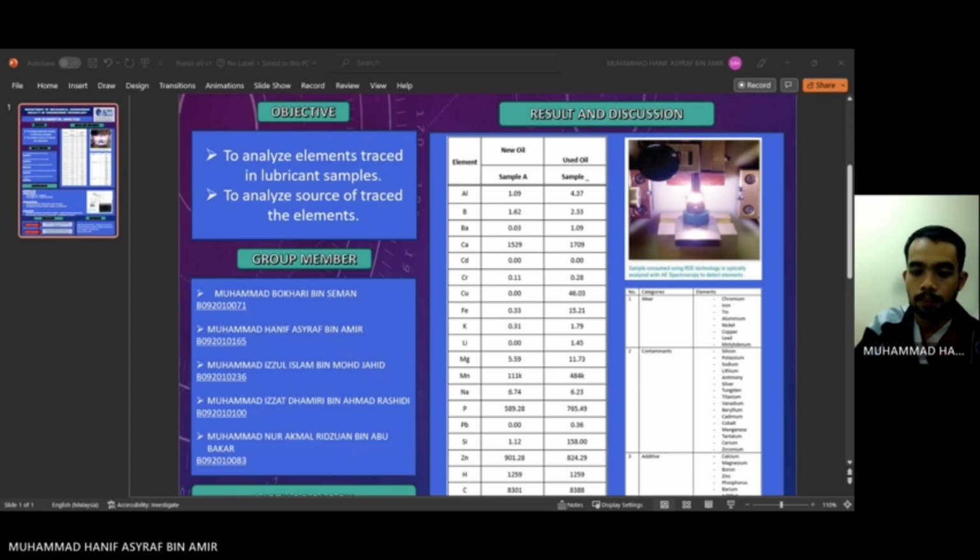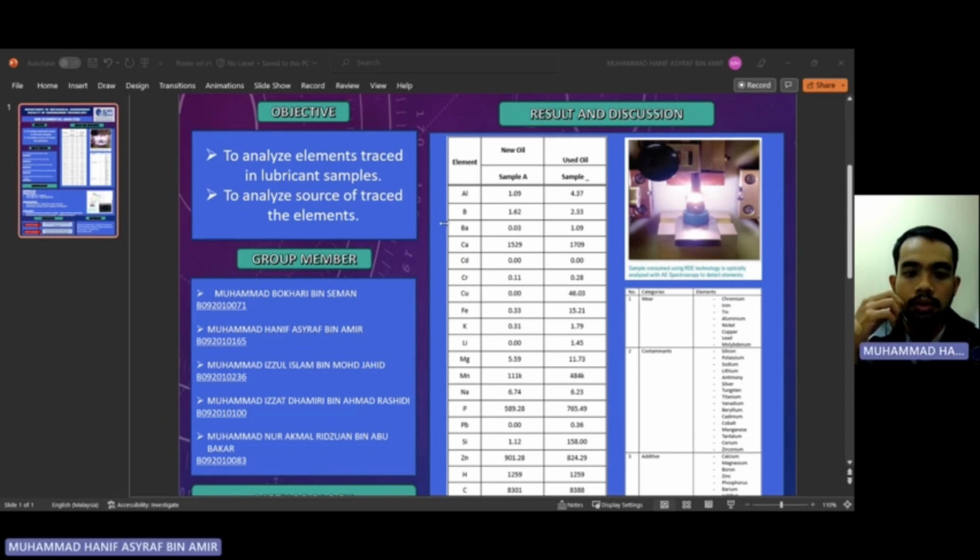From the result we get, we could see that some of the wear elements such as chromium, iron, aluminium, copper, and lead have a slight increase in element count in the oil sample.